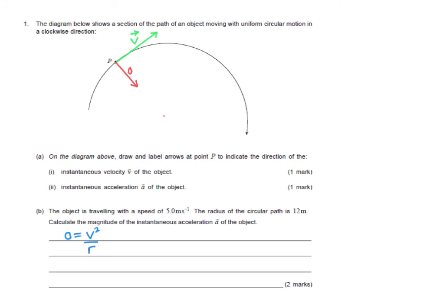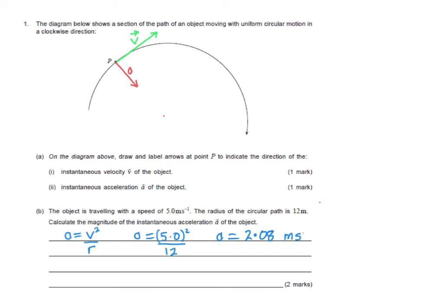So, always substitute into your formula to show you understand what it's doing. So the velocity is 5 metres per second, and that's squared, divided by 12, which is the radius, and that is equal to 2.08.